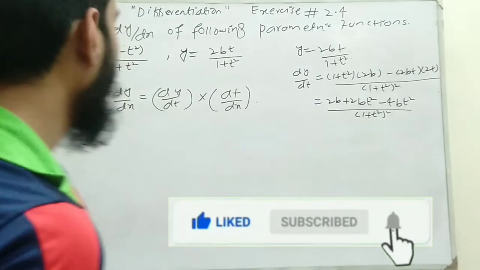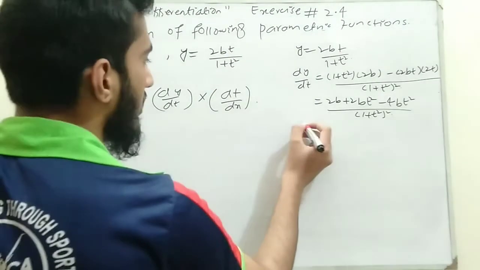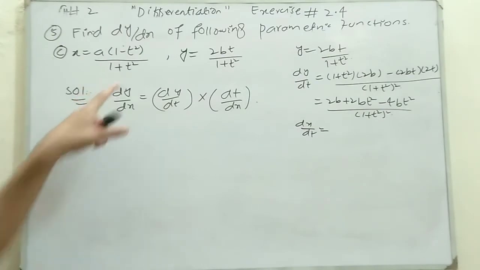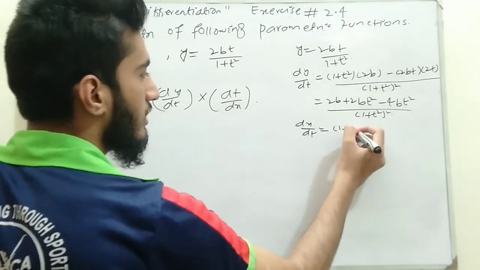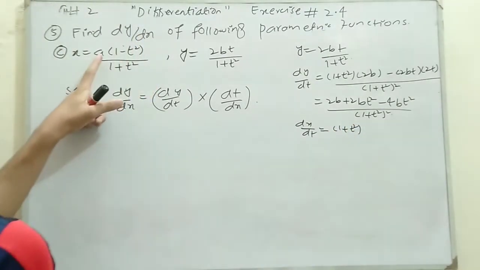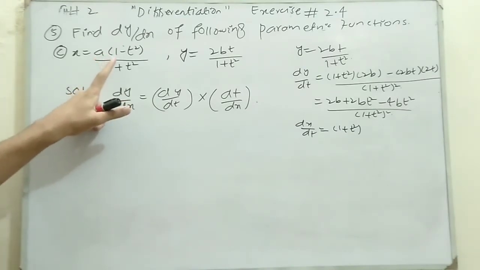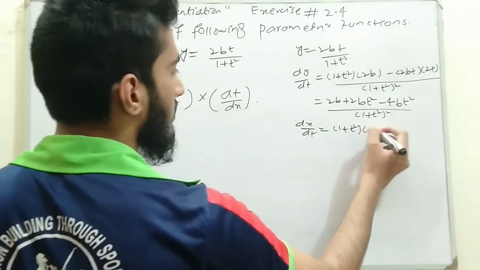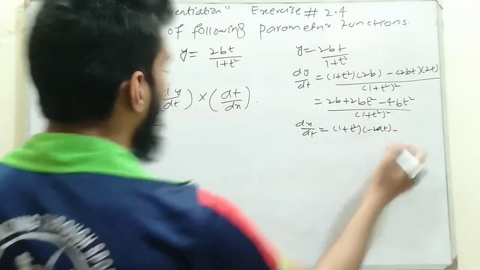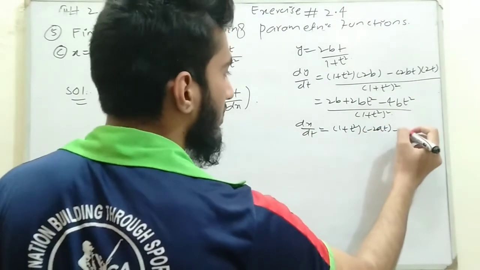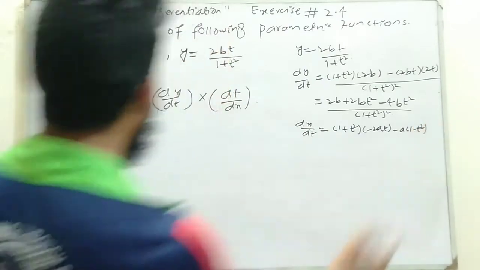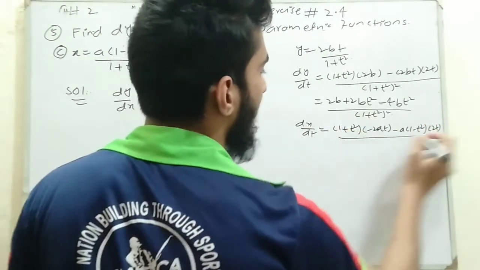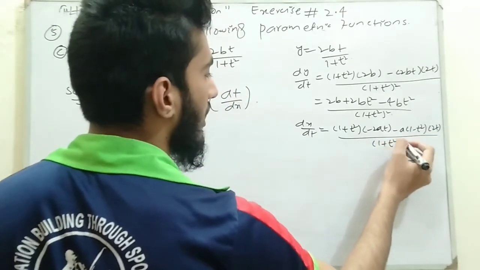Now taking the derivative of x with respect to t, dx by dt will be equal to, using the quotient rule, the second function 1 plus t square times the derivative of the first function, so a multiplied by 1 gives a, the derivative of the constant is 0, and minus 2at, so the derivative is minus 2at, minus the function a into 1 minus t square multiplied by the derivative of the second function, which is 2t, divided by the second function 1 plus t square whole square.